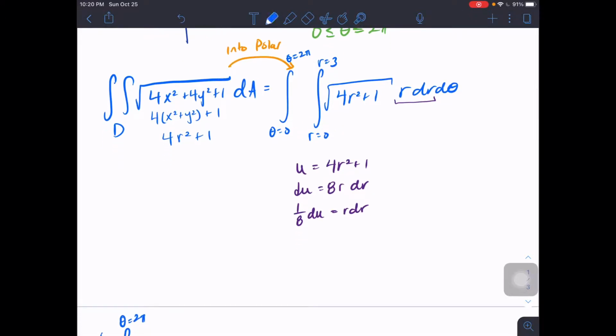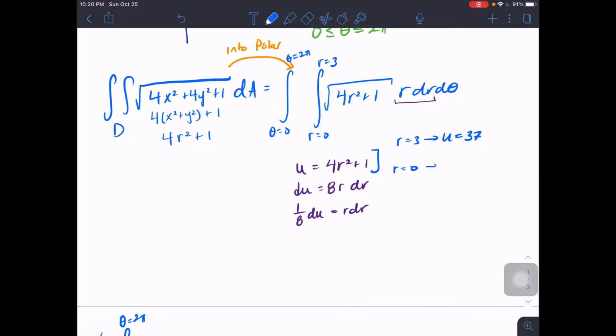Sorry. Okay. So when r equals 3, u is going to be 4 times 9, that's 36 plus 1, that's 37 for the upper bound. When r is 0, u is going to be 0 plus 1.